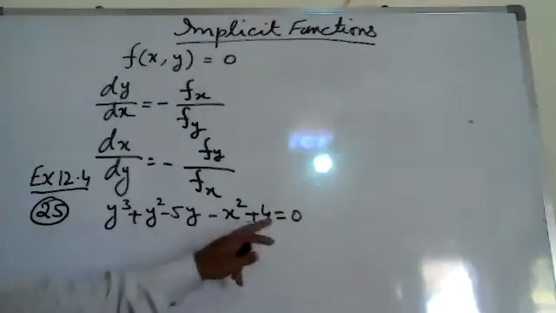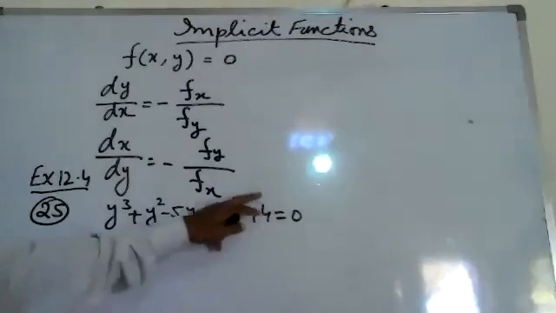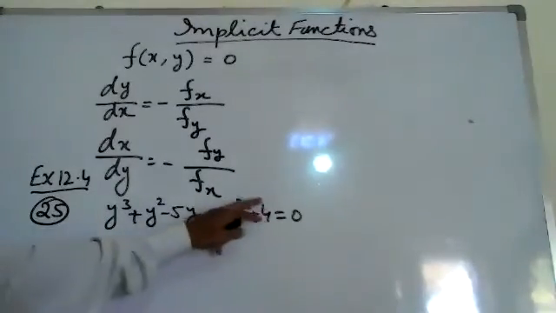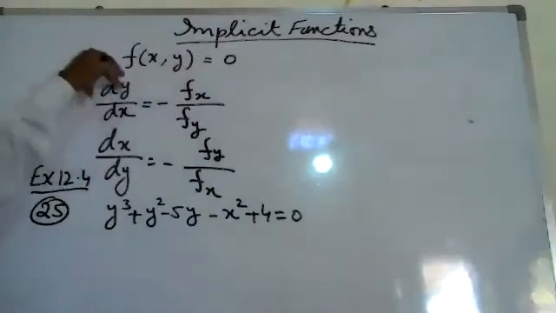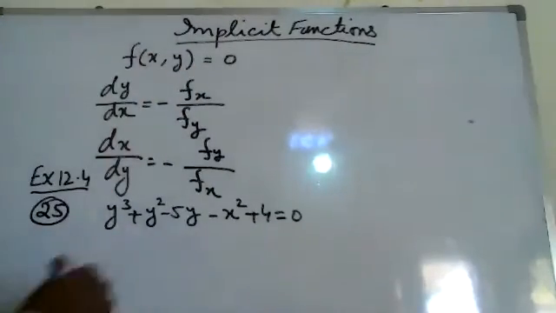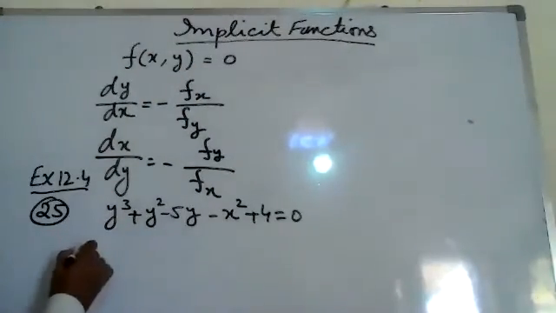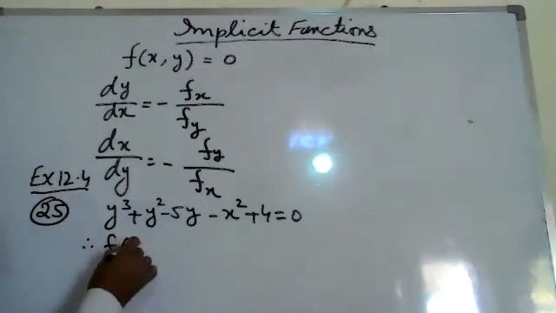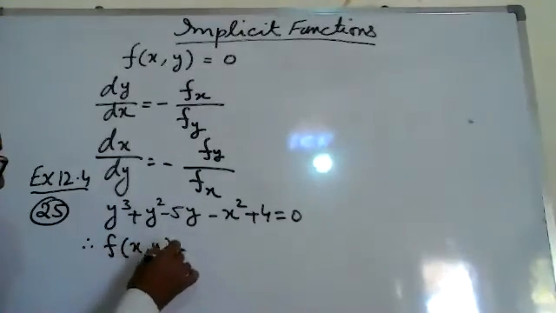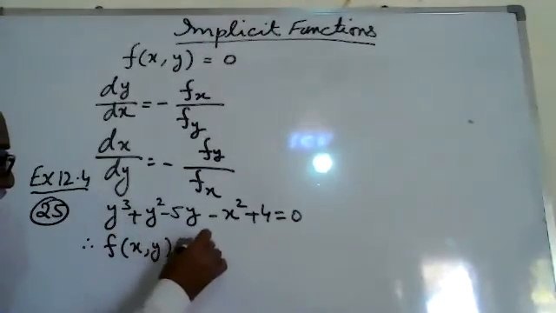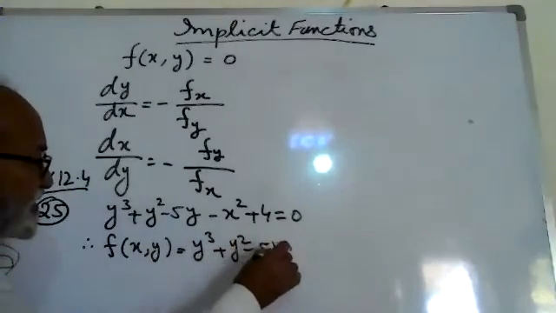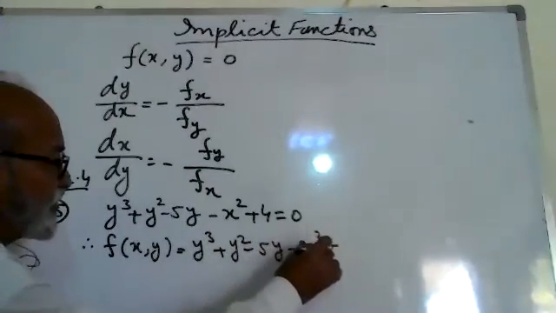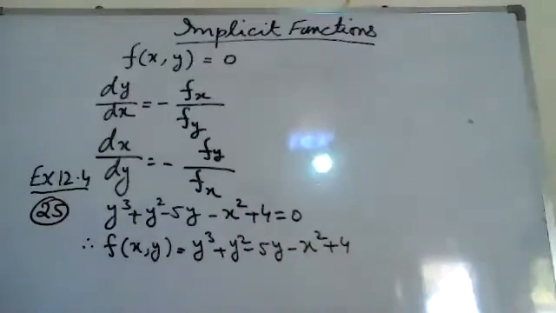This is already equal to 0, so the whole left side will be considered as f of xy. Therefore, f of xy is equal to y cube plus y square minus 5y minus x square plus 4.